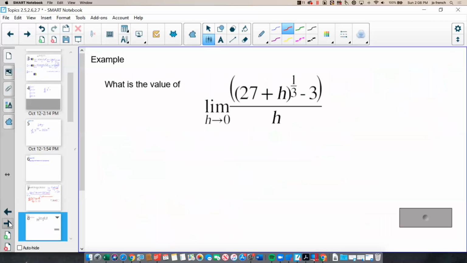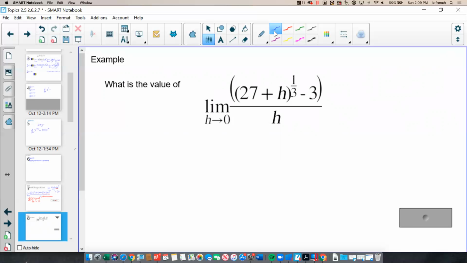Let's look at another example. What is the value? Oh, look, it's another limit as h approaches 0, which means that we're looking probably at another difference quotient, only now we've got numbers instead of x's. So the question is, what do those numbers, how do they fit into an f of x equation?